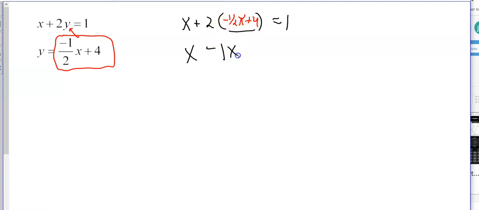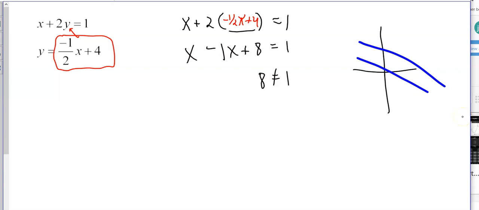So 1x plus 8 equals 1. This is weird. x minus x is 0. So I just have 8 equals 1, which is certainly not true. What this means graphically is these two do not have the same y-intercept. They both have a slope of -1/2, but they don't cross at the same spots. So the answer is no solution, the empty set.